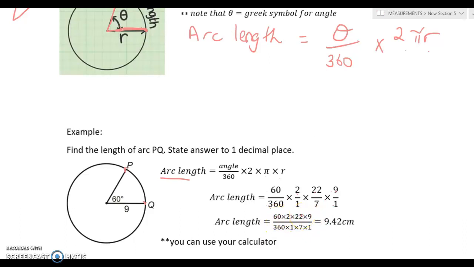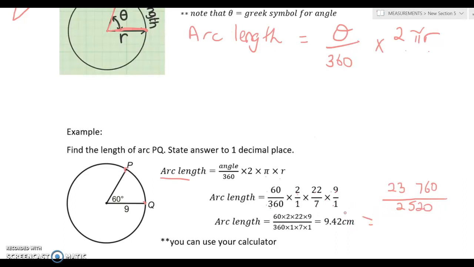You'll get a big number, 23,760, all divided by 360 times 1 times 7 times 1, so that's divided by 2,520.